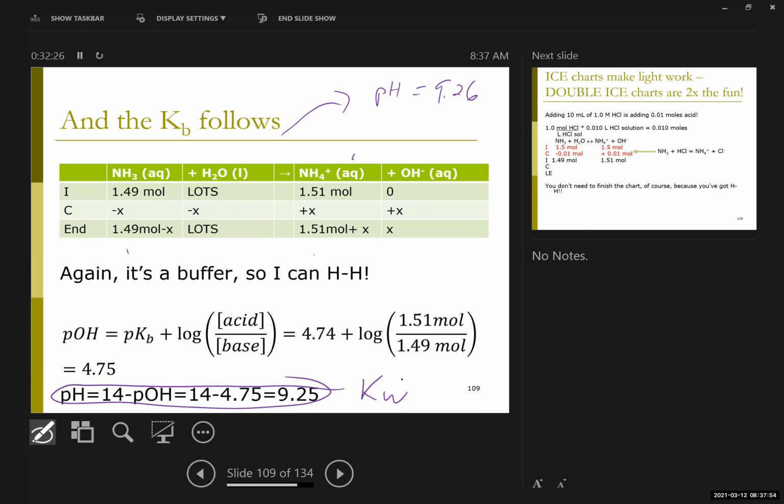The first ICE chart, because all I really did here was stack my 2 ICE charts together. I put my ammonia plus HCl ICE chart on top of the Kb of ammonia ICE chart. And so that first ICE chart is really a separate reaction, which isn't even written.